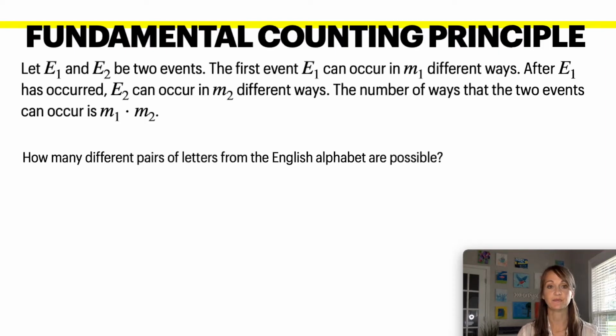For example, how many different pairs of letters from the English alphabet are possible? It's asking for a pair of letters, so you're looking for two letters. There are 26 letters in the alphabet.